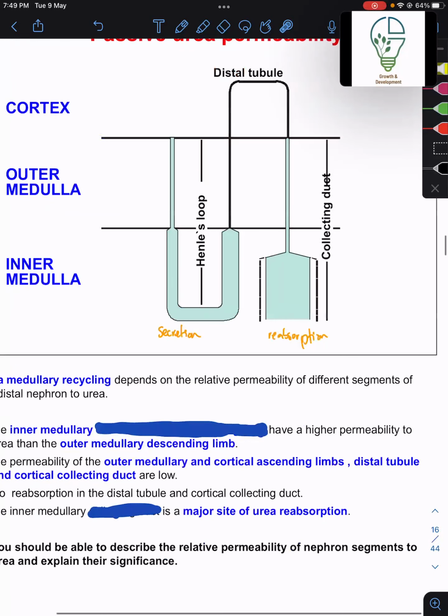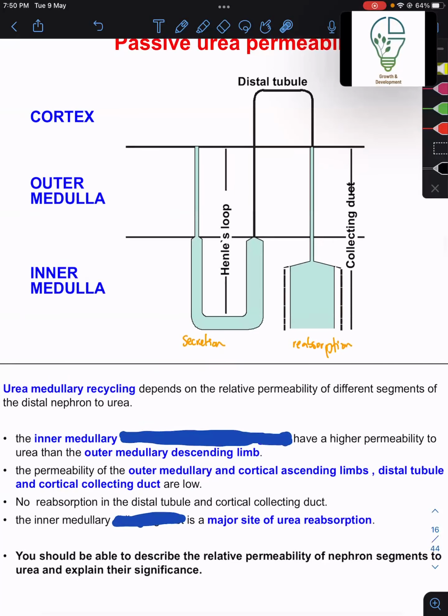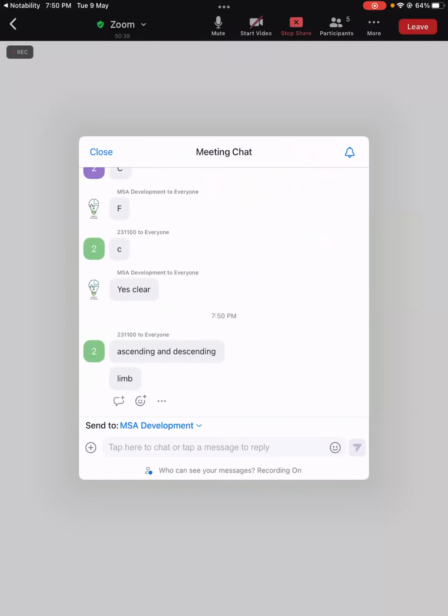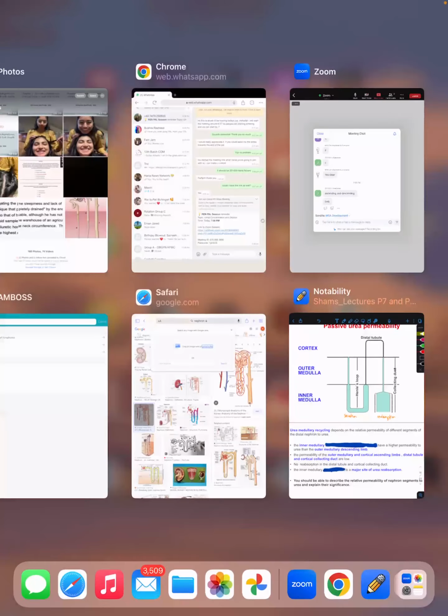So the inner medullary blank and blank have a higher permeability to urea. What are the two structures that you see on the slide that are very thick and very permeable to urea? Yeah, the ascending and descending limb, and then what's this part right over here?